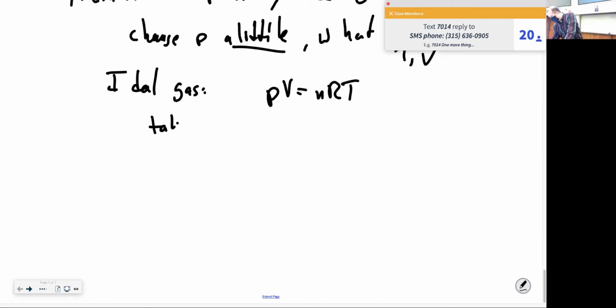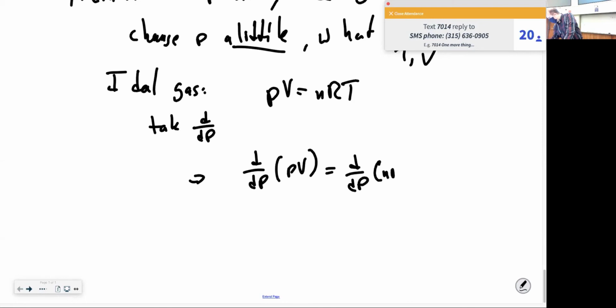So take d/dP of the whole thing. We get d/dP of PV equals d/dP of nRT. Again, why are we doing this? We want to know how a small change in pressure is affecting both sides of this equation.